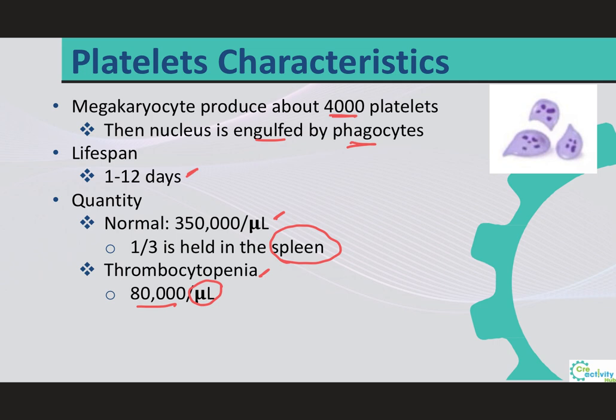This indicates inadequate platelet production or excessive platelet destruction. Symptoms include, for example, bleeding along the digestive tract, bleeding in the skin, and even occasional bleeding in the central nervous system.